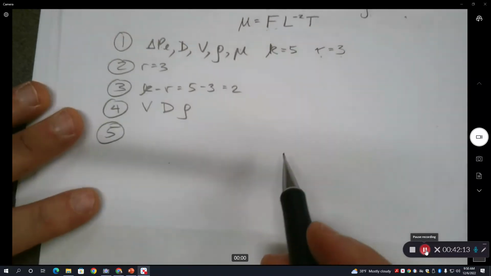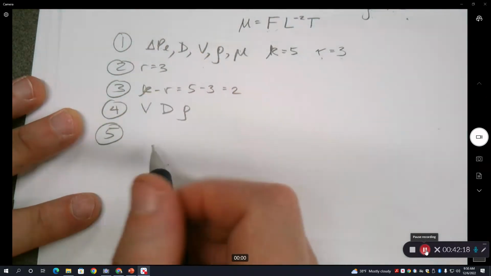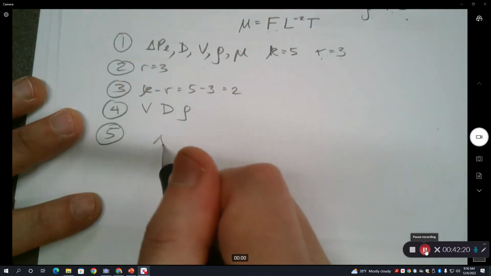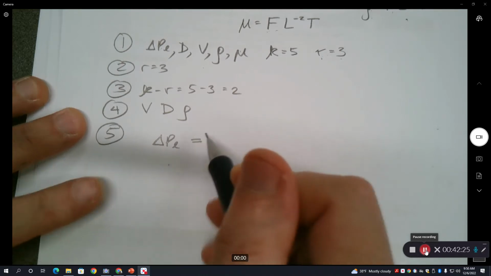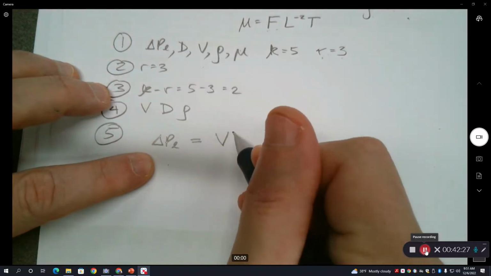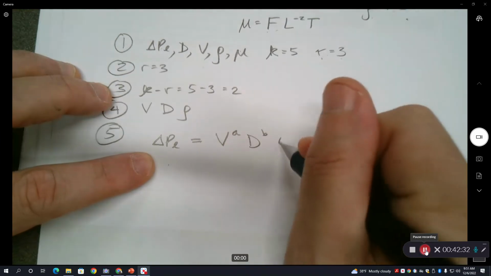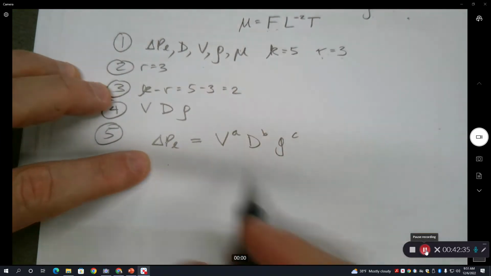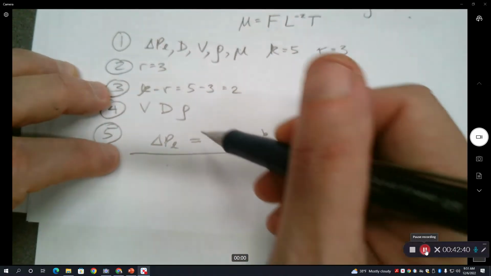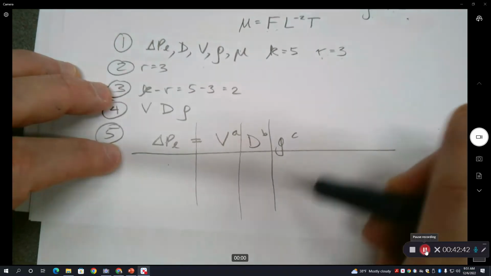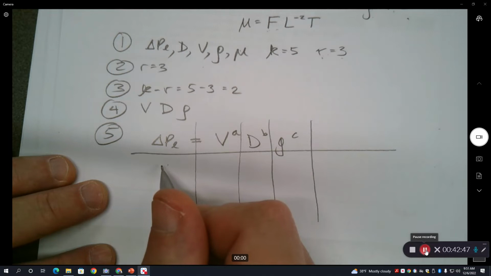So let's see if I can remember off the top of my head how to set one of these things up. We're going to do this for the delta P L. Delta P L is going to be equal to V to the A times D to the B times rho to the C, right? I didn't quite make them wide enough.